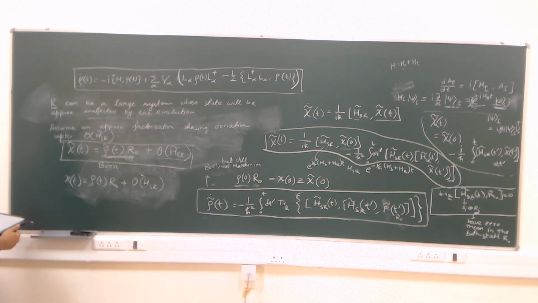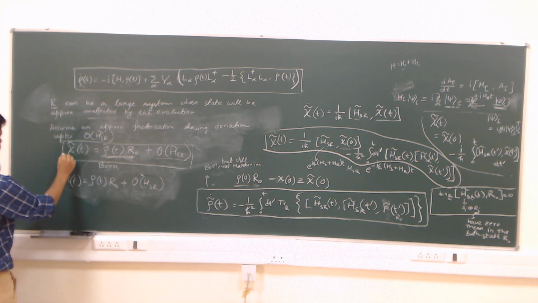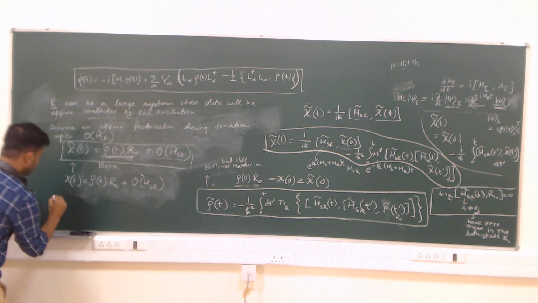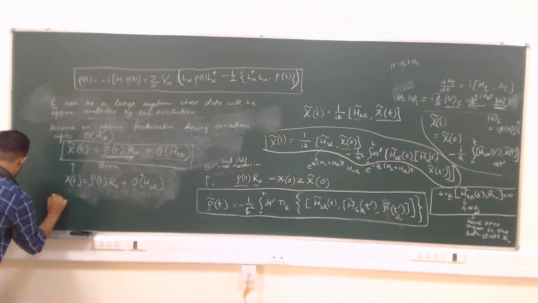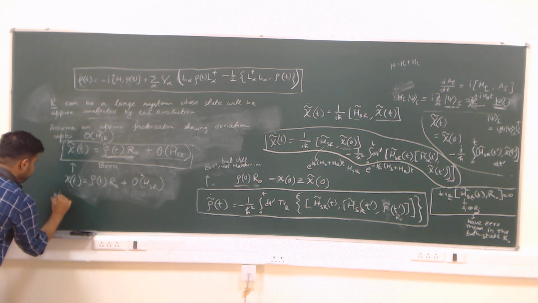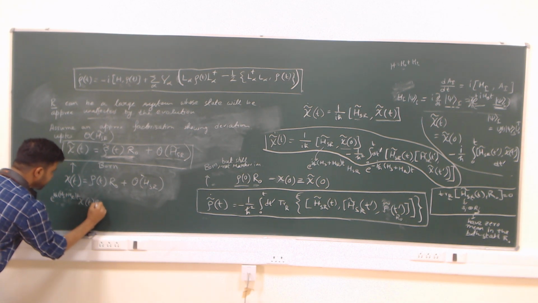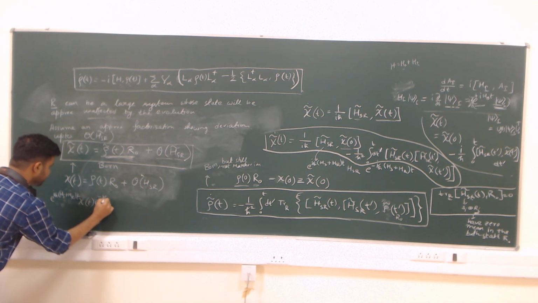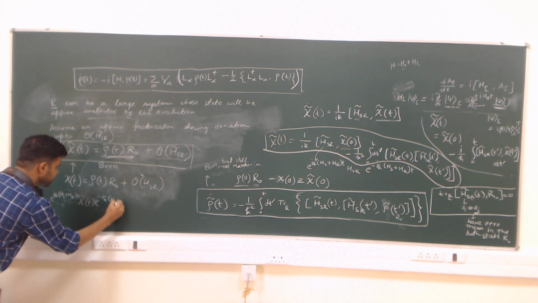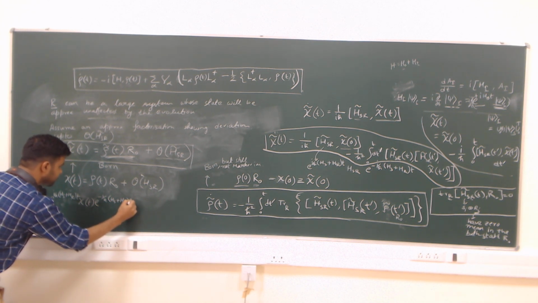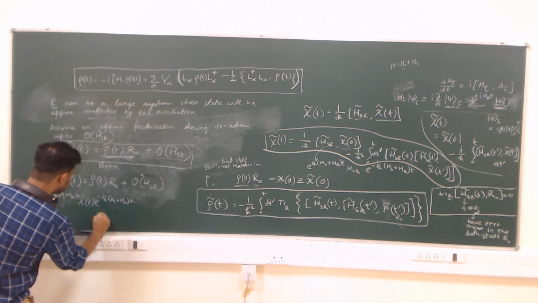If I start from this kind of thing, to get to the interaction picture I will have to take e to the power iH_S t over h in the right hand side.